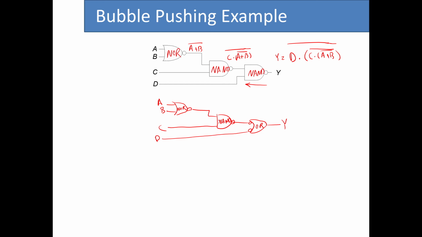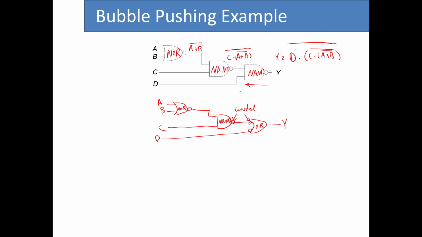One thing that you can see here is that this bubble and this bubble can be cancelled because they are applying to exactly the same node. And this one, we can just easily transfer to the input itself, right?